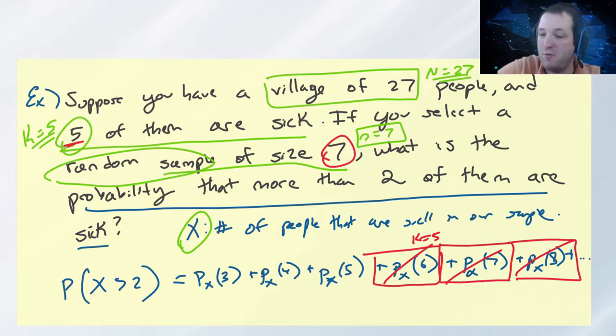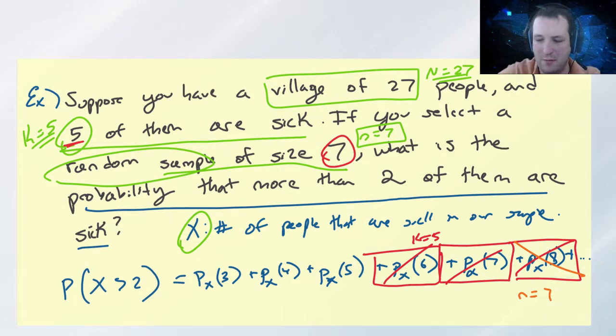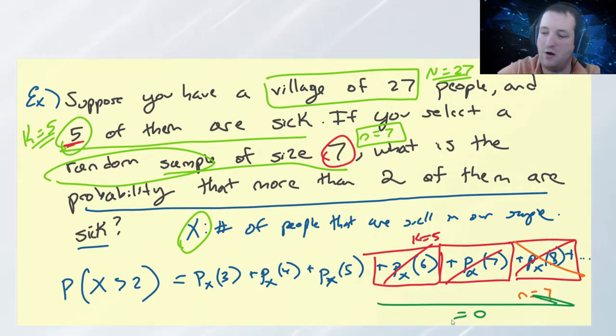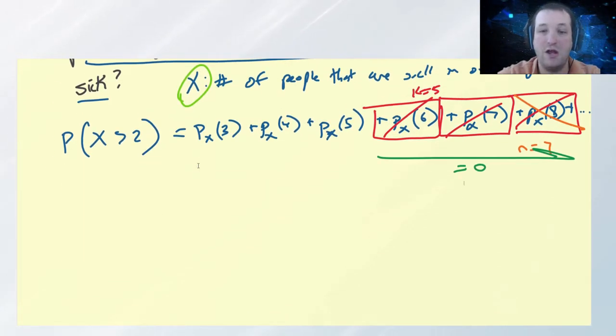Moreover, the probability of x and onwards cannot be true because we have a sample of size 7, right? So the sample size is equal to 7, therefore we cannot have 8 successes in a sample of 7, or more than 8 for that matter, right? So all of these probabilities here are equal to 0, therefore we're only going to be interested in the probability that x is equal to 3, 4, and 5.